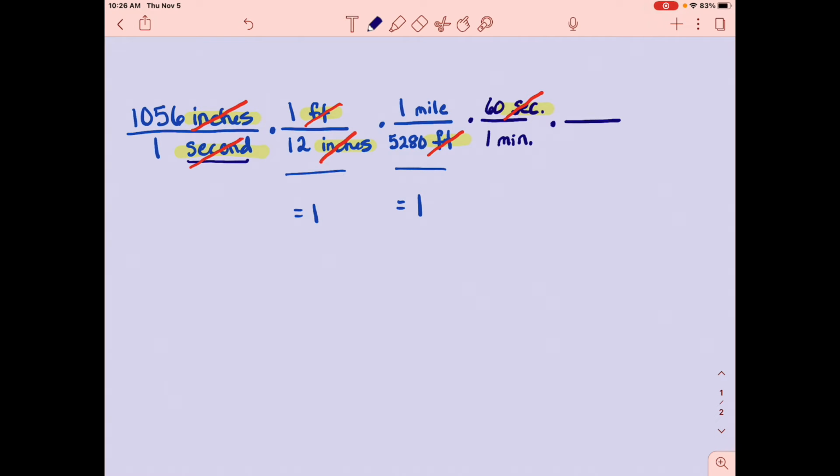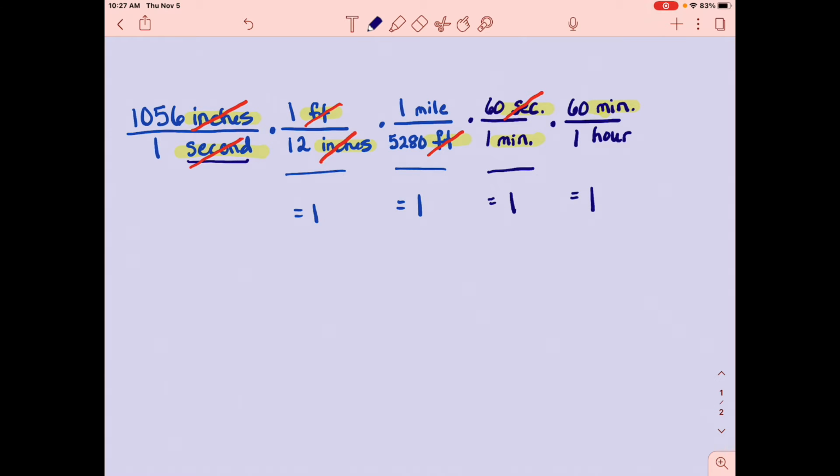Because I have minutes on the bottom, I'm going to put minutes on the top this time. See, minutes, minutes. And what do I know about minutes? Well, I happen to know that there are 60 minutes in 1 hour. So the fractions are still equaling 1. 60 seconds is the same as 1 minute. 60 minutes is the same as 1 hour.